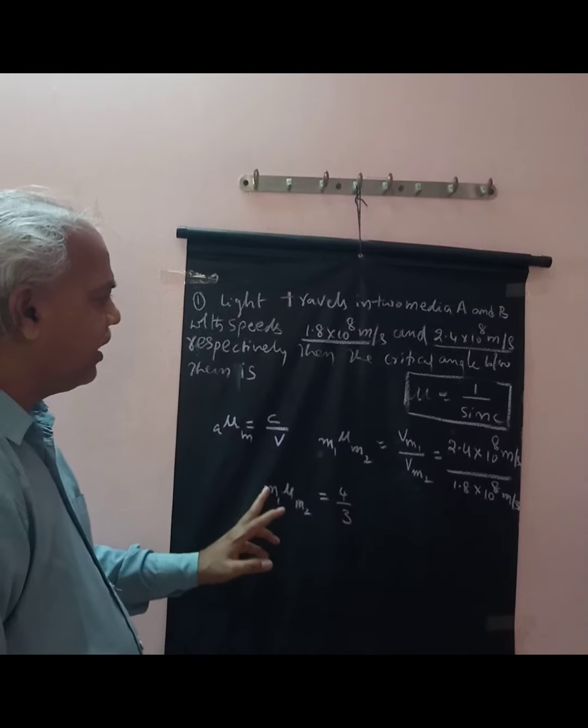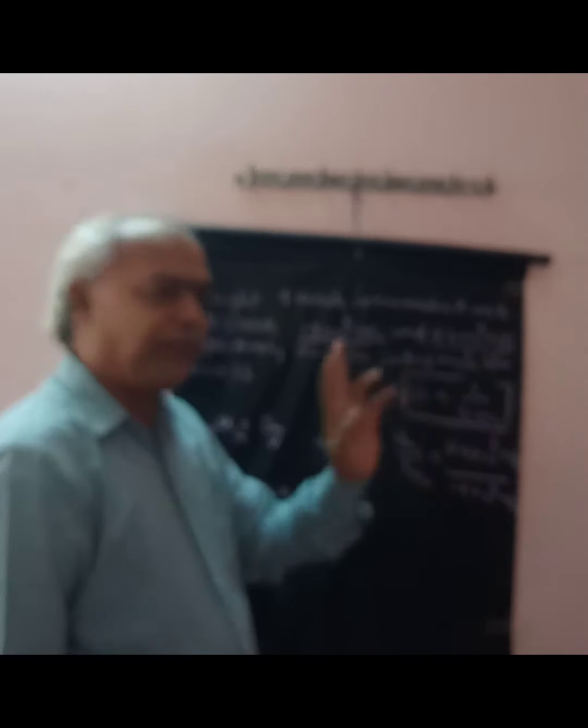The relation between critical angle and this refractive index is m1μm2 = 1/sin C. So sin C = 1/(4/3) = 3/4.